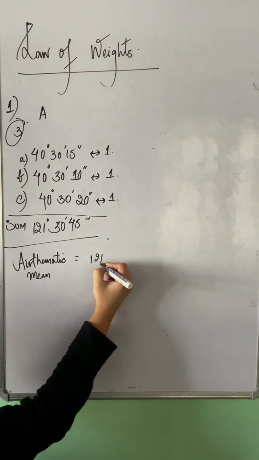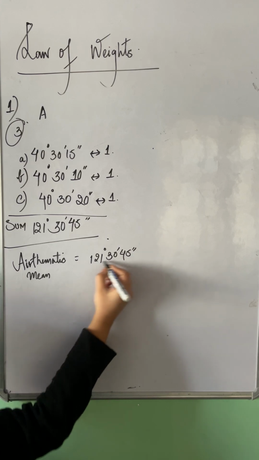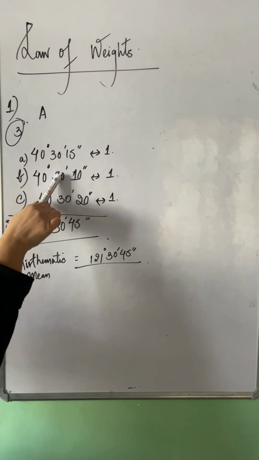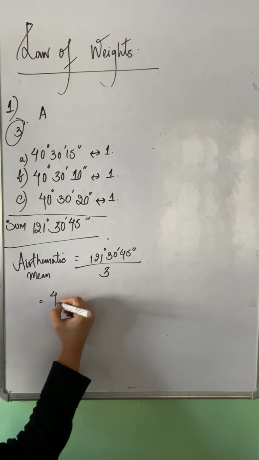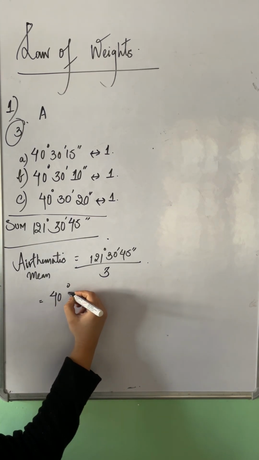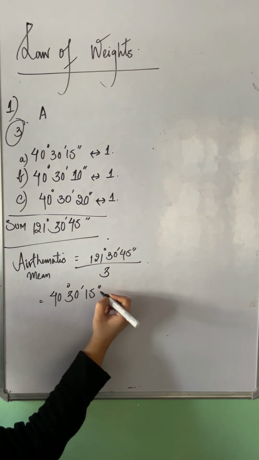This is 121 degrees, 30 minutes, 45 seconds divided by how many readings? And this comes equivalent to 40 degrees, 30 minutes and 15 seconds.